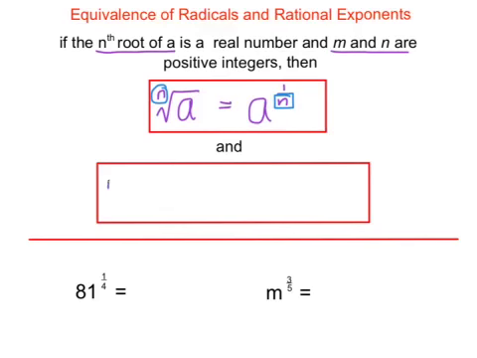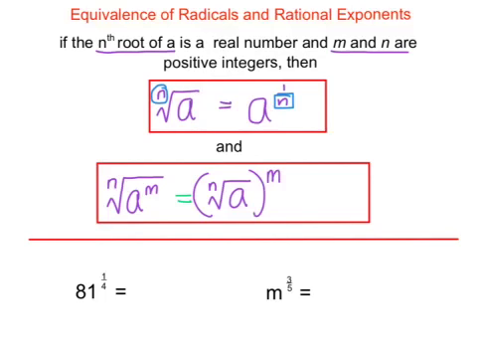Also, if we have the nth root of a to the m, we could also write this as the nth root of a, all raised to the m power, and this is the same as a to the m over n. Notice the index is always the denominator.